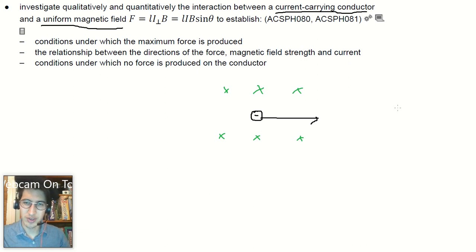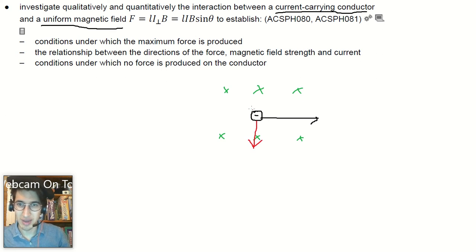We use the right-hand push rule, where your thumb is the current, and current's against the direction of negative charge. So the current will be this way, fingers are the magnetic field going into the page, and so the force is downwards.